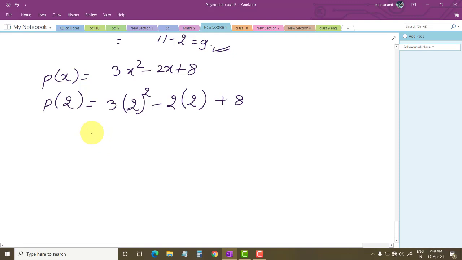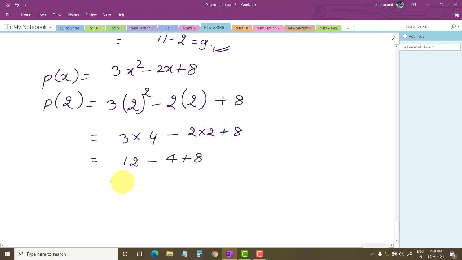Now see, this is 3, 2 square, that means 4, minus 2 into 2, plus 8. Now 3 fours are 12, minus 2 twos are 4, and this is plus 8.